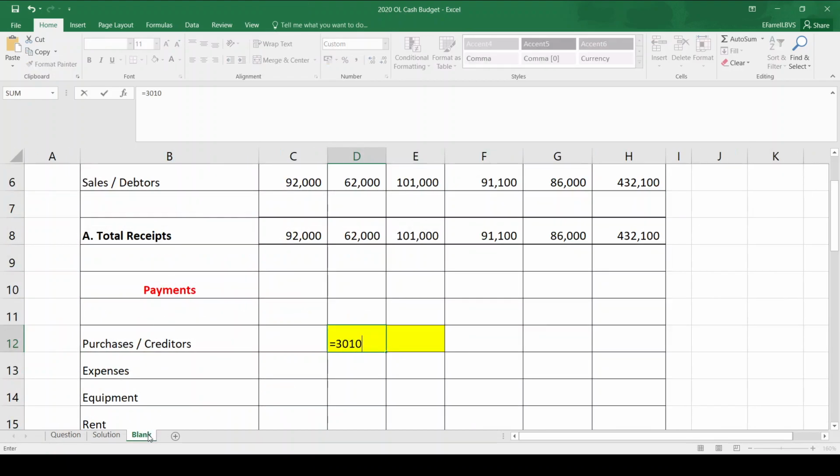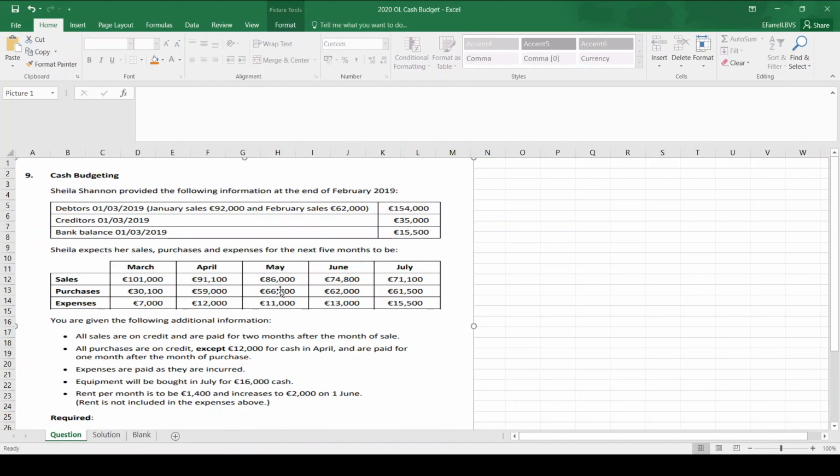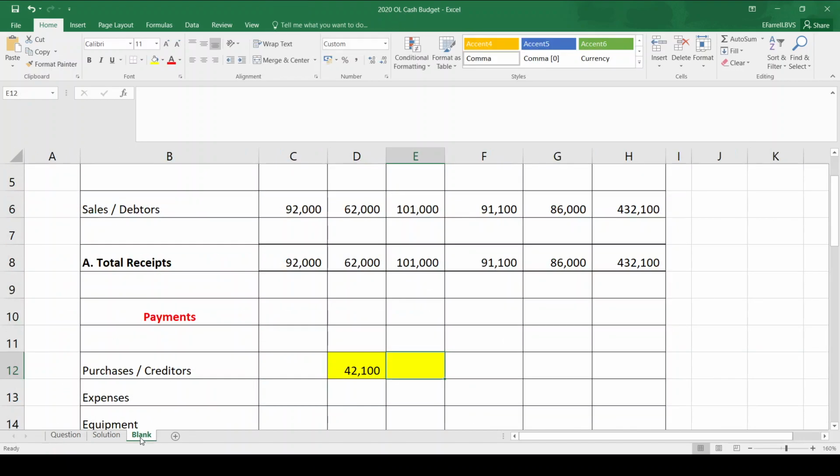Then in May, I'm going to pay for April's purchases, which are 59,000 minus the 12,000 cash. So the 12,000 is added to the first month and taken away from the second month.